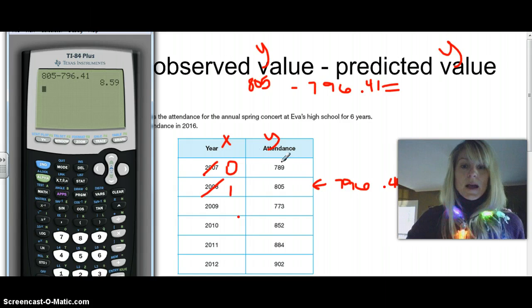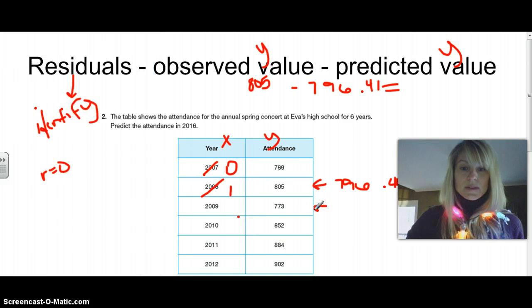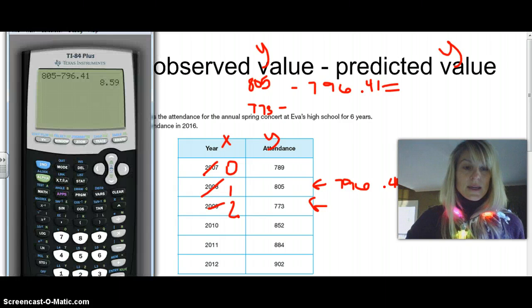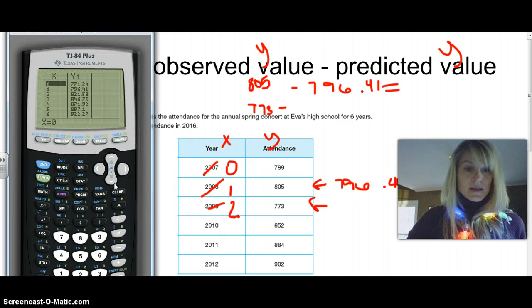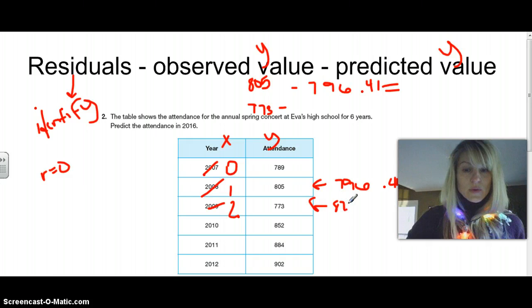Okay. If I wanted to look at this one, when x is 2, our observed value is 773, and we're going to subtract the predicted value from it. Again I would get the predicted value from the table of the line. So when x is 2, my predicted value is 821 point something.